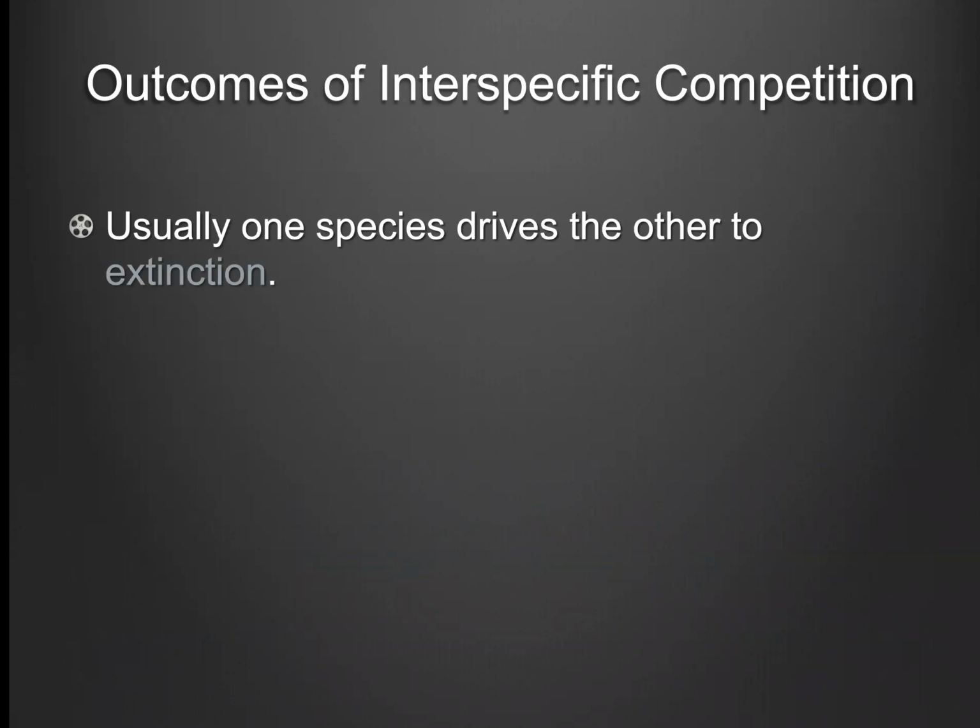All right, let's think about the outcomes of interspecific competition. If we think back to the competitive exclusion Venn diagram that I showed, usually if they have overlapping competitive resource utilization profiles, competing, let's say, for food, then in most cases one species is going to drive the other to extinction.